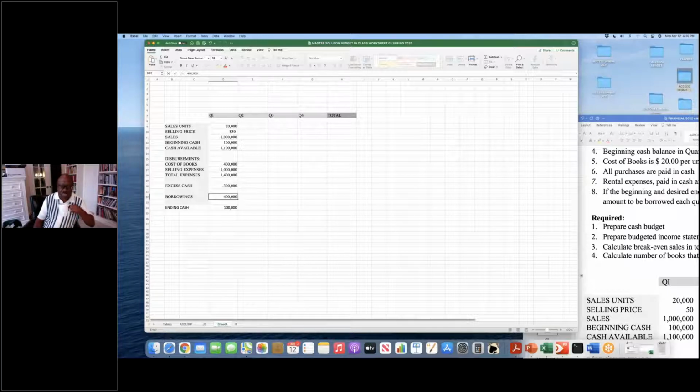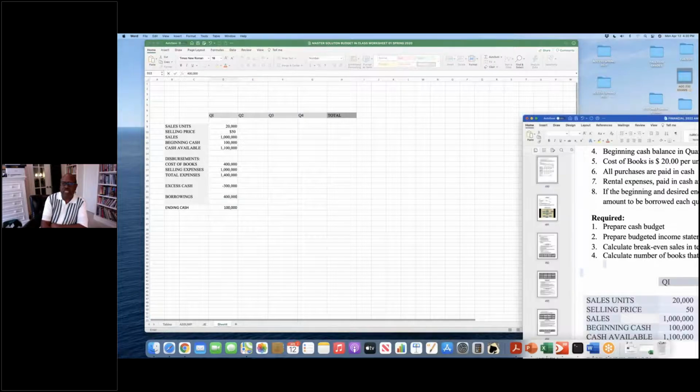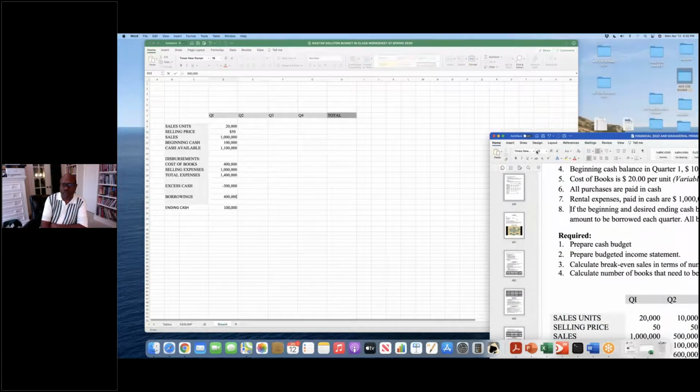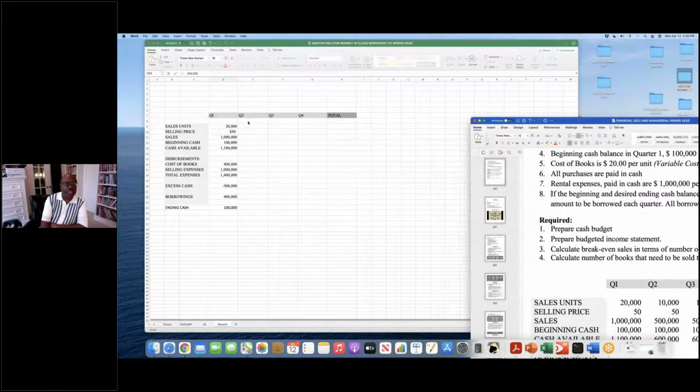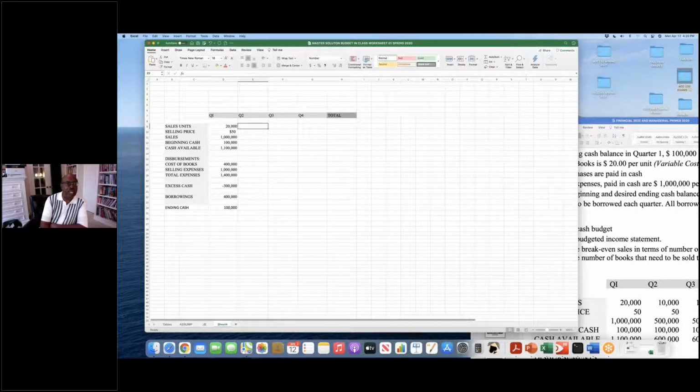Let's go on some more. I'll let you all do the next column. How many are we selling in the next column? 10,000. Only selling 10,000. In the next quarter, and eventually 160,000.